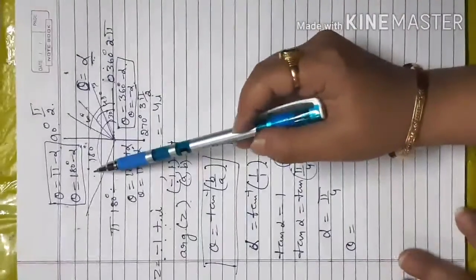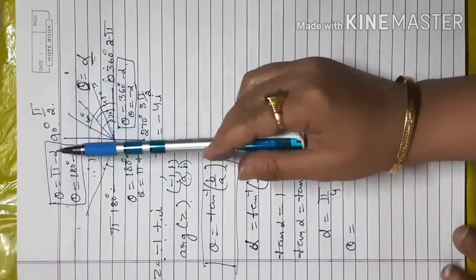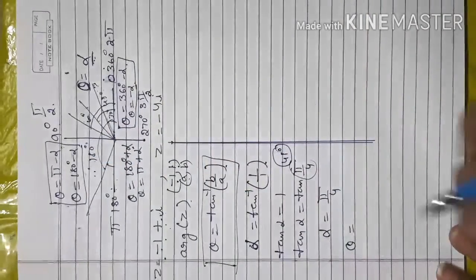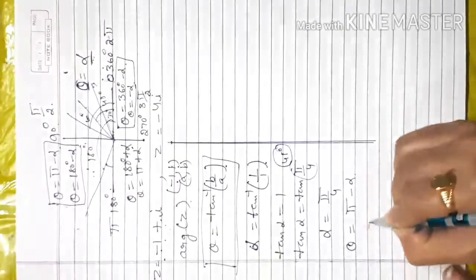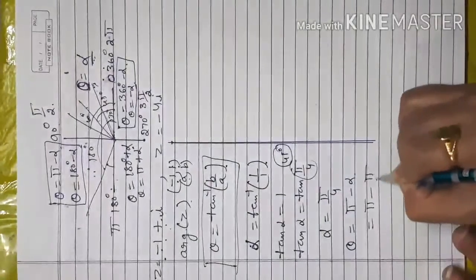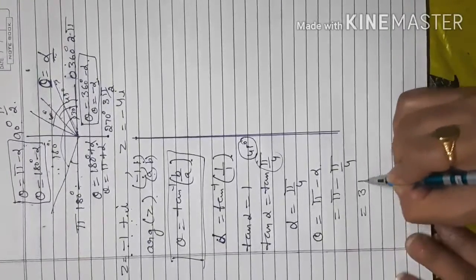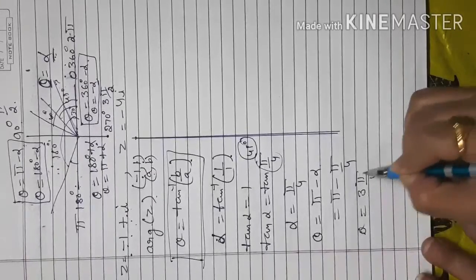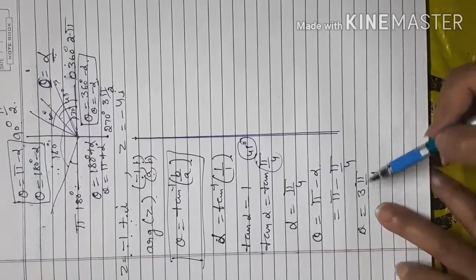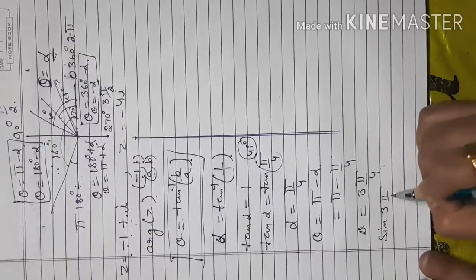In the second quadrant, to find the theta angle according to the basic angle alpha, it is pi minus alpha. So I will write directly pi minus alpha, that is pi minus pi by 4. After taking the LCM, this will be 3 pi by 4. So my theta value will be 3 pi by 4.